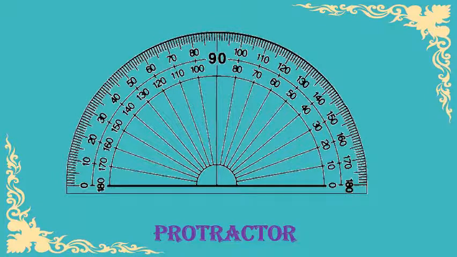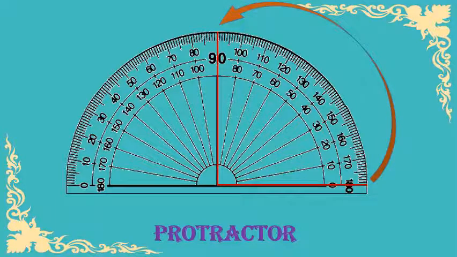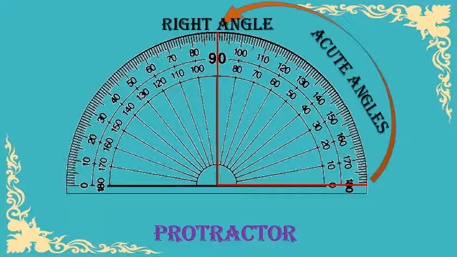Now see dear students, this is called a protractor. This is a tool that helps us to measure the angles. See here, the angle between 0 degree to 90 degree is called an acute angle. The angle equal to 90 degree, that is like an L shape, is called a right angle.